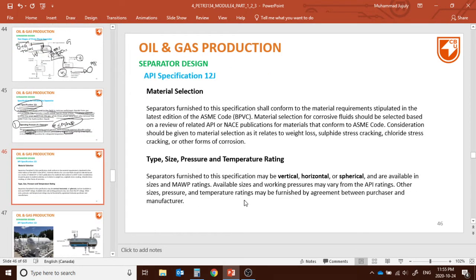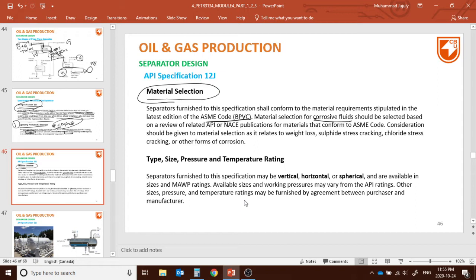Material selection, again the ASME code BPVC, or Boiler and Pressure Vessel Code. Using this we can determine what types of material we should use. For instance, if the fluid is corrosive, we should use a different type of material than if it is not corrosive at all.